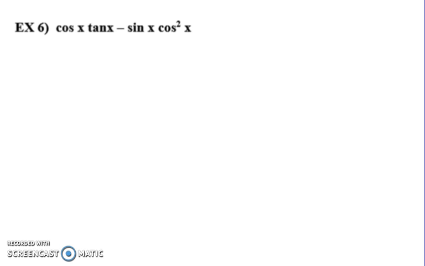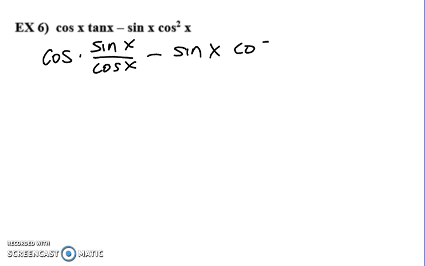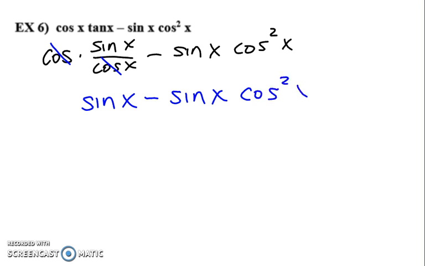Okay, let's look at example 6. I'm on a new page so that I'm not squeezing it in a tight spot. So cosine x tan x minus sine x cosine squared x. So remember, cosine x times sine x over cosine x minus sine x cosine squared x. So over here, we can get rid of our cosines, so we're left with sine x minus sine x cosine squared x.